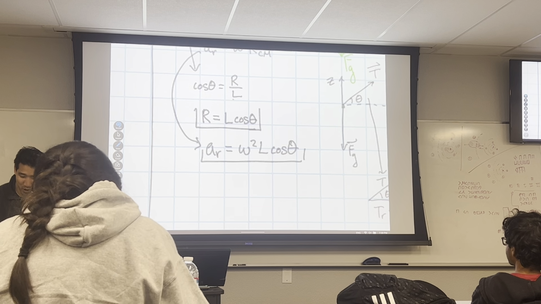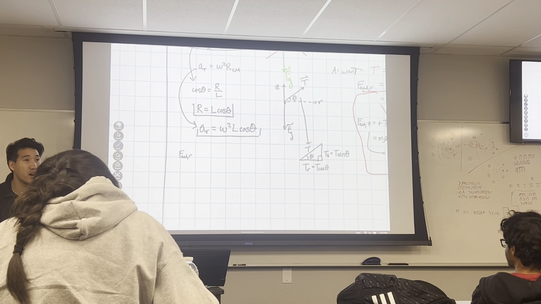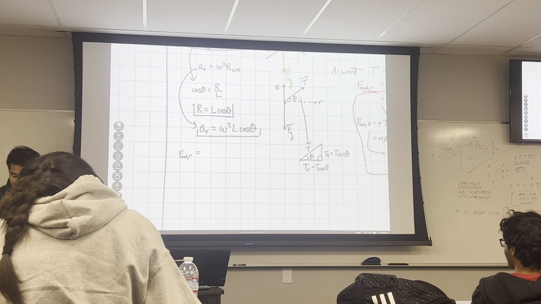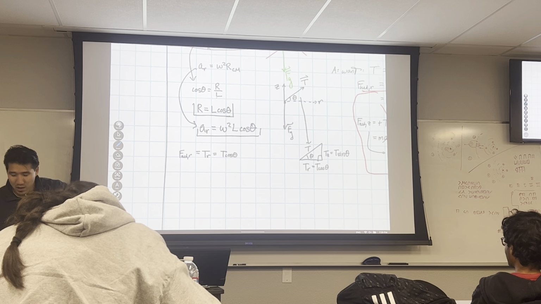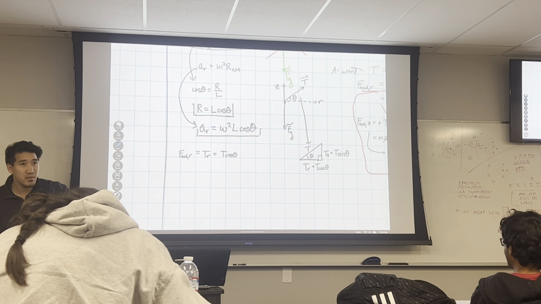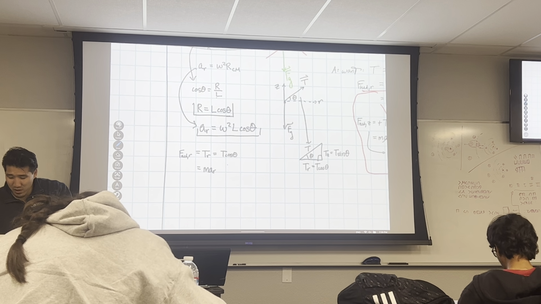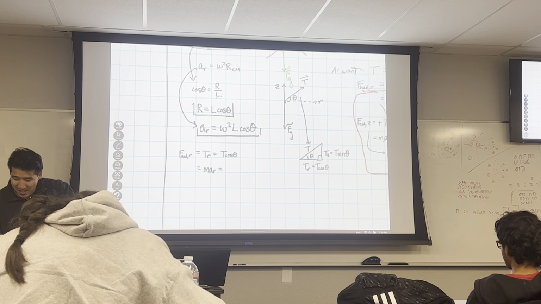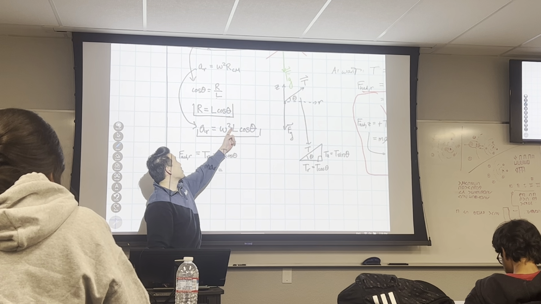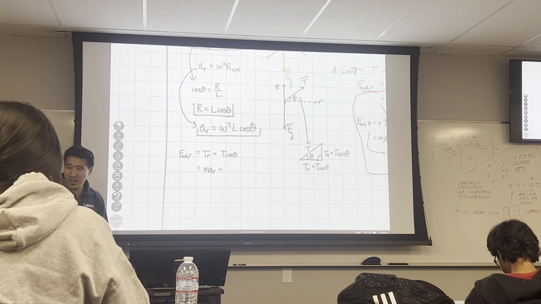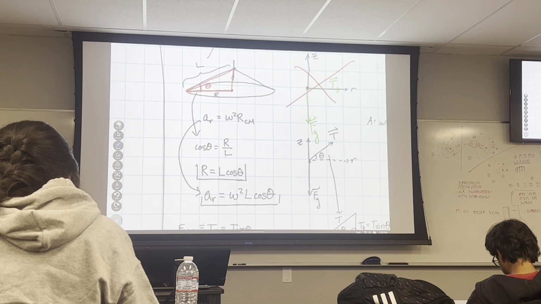So let's just redo the problem. The free body diagram is indeed correct, and so we want to do F net in the R direction. There's only tension in the R direction, which is T cosine of theta. But Newton's second law tells us that this is mass times the acceleration in the radial direction, which we just discussed is not just omega squared L, but has that theta component because the R was supposed to be the circular motion trajectory.